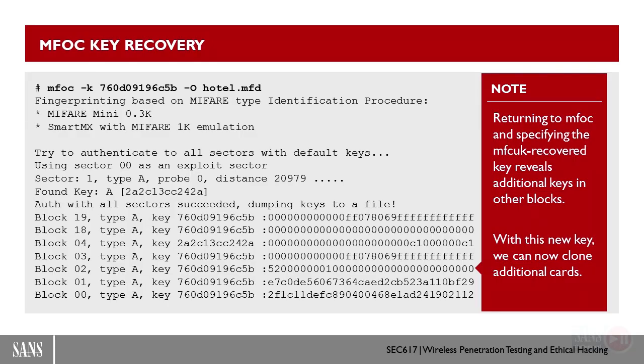In this case, yeah, absolutely, it found that there was a key, was able to authenticate to a sector, and then continue to perform the nested attack to recover the rest of the keys for all of the sectors, and then dump all of that content to a file. Hooray, we have a copy of the card on disk. Now what can we do with it?